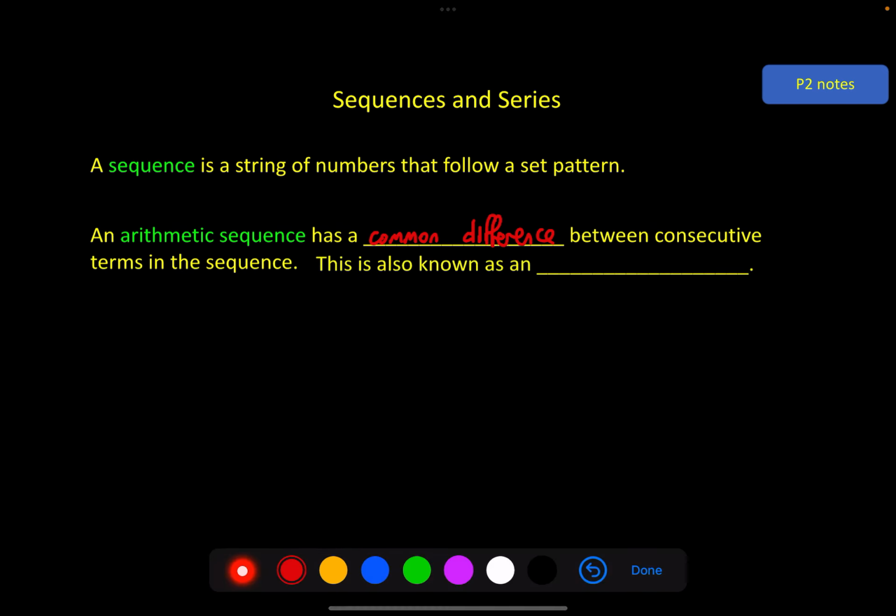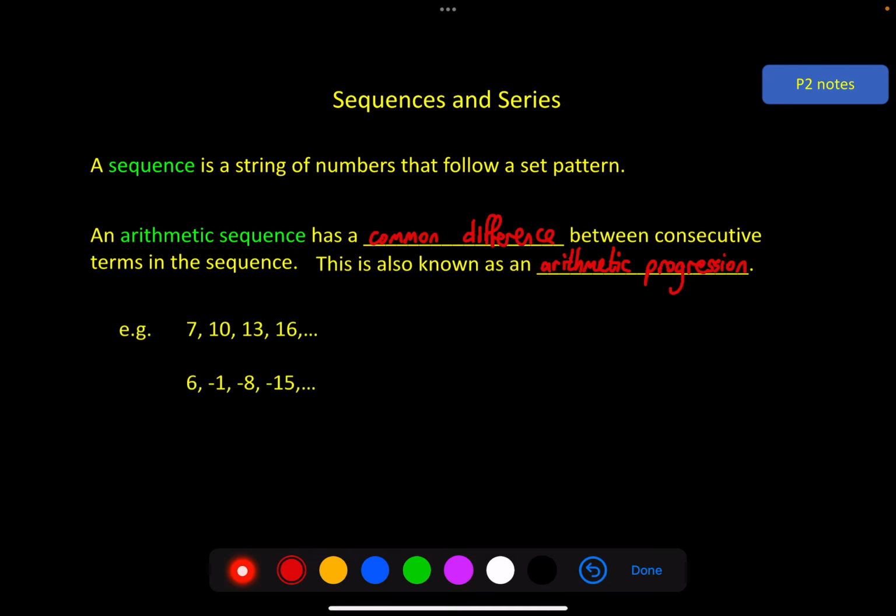An arithmetic sequence is also known as an arithmetic progression. Now I won't use that term very often, but you should be aware of it because these two terms, arithmetic sequence and arithmetic progression, can be used interchangeably, and in an exam they could use either one of them.